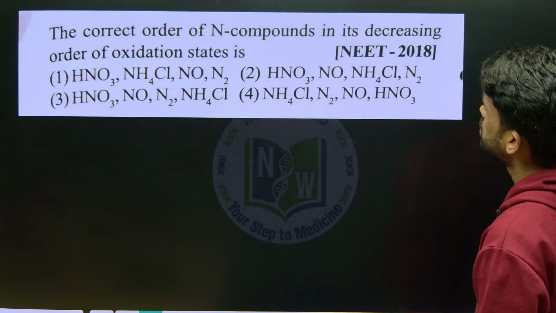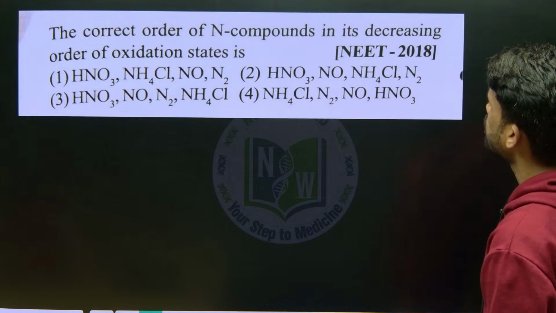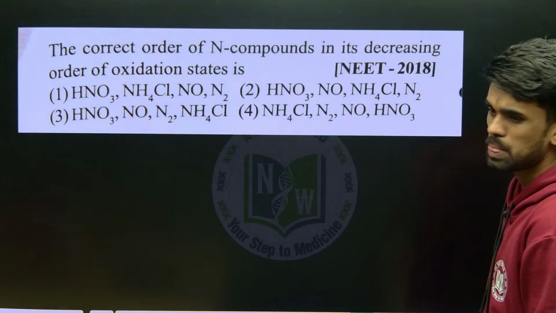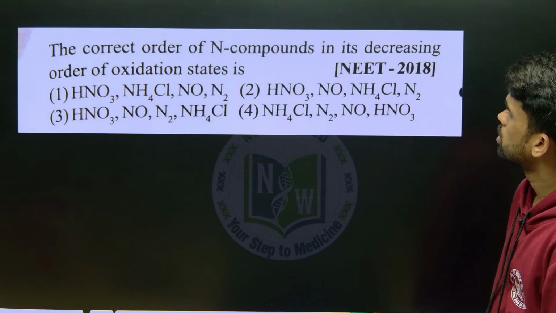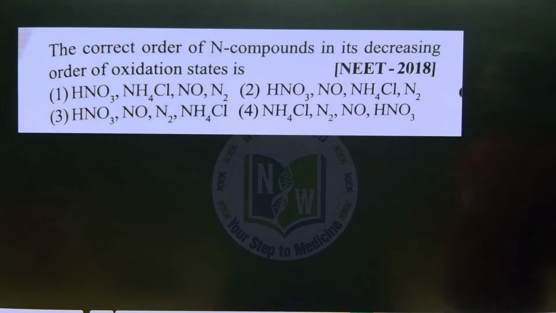Tell me here, what are their oxidation states and how it is given for decreasing order of oxidation numbers. The correct order of nitrogen compounds in decreasing order of oxidation states, from higher to lower, tell me.